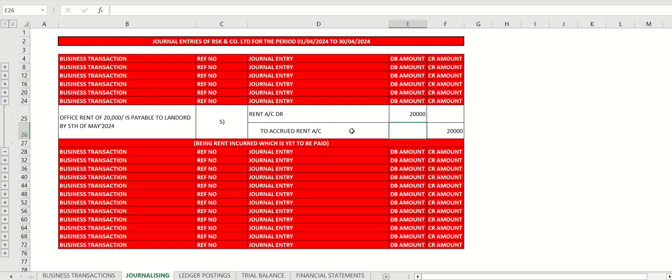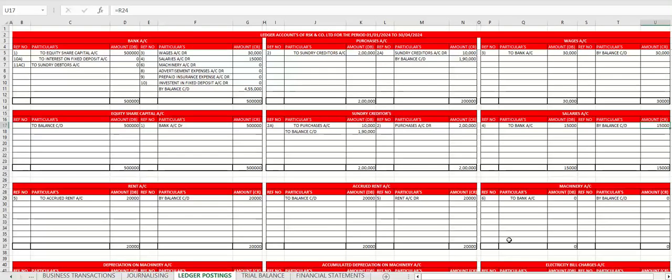One is the rent account and the other one is the accrued rent account. Now let's move to the ledger postings phase. In the rent account we have debited, rent to accrued rent account. In the accrued rent account we have credited, by rent account, and the balances are being carried forward.